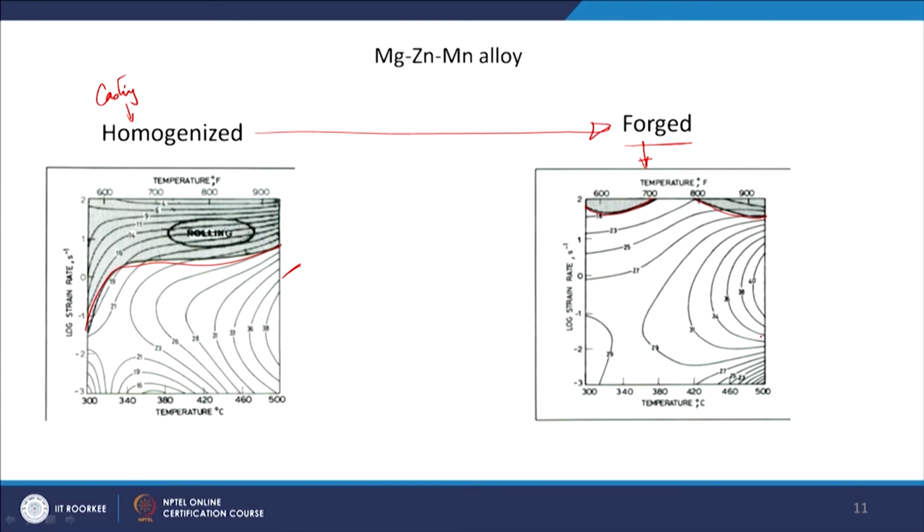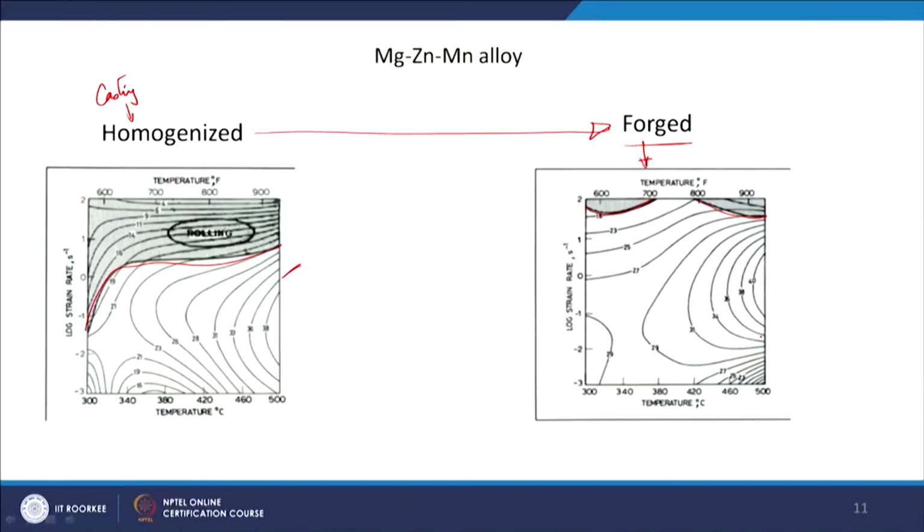Okay. So, you can understand that by doing these kinds of initial operations, we are trying to have a material in which you will have less chance of having defects. Okay. So, this unstable region is reduced by doing a forging operation, and again a processing map is generated for this forged material. Okay. So, later processing can now be done using this processing map.